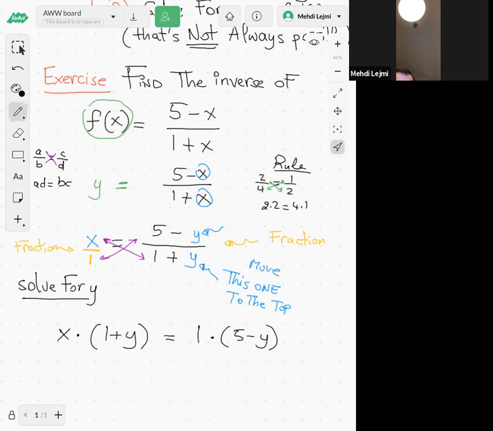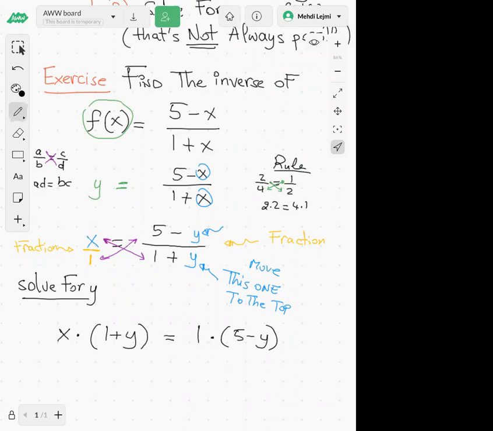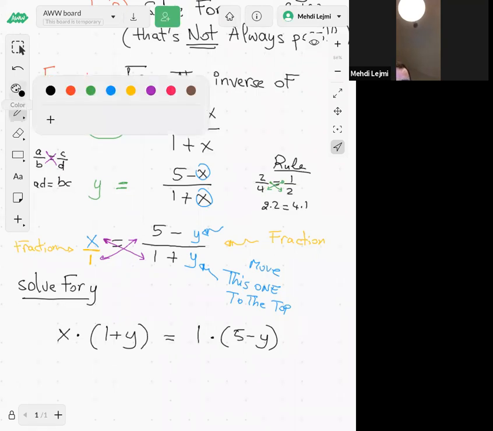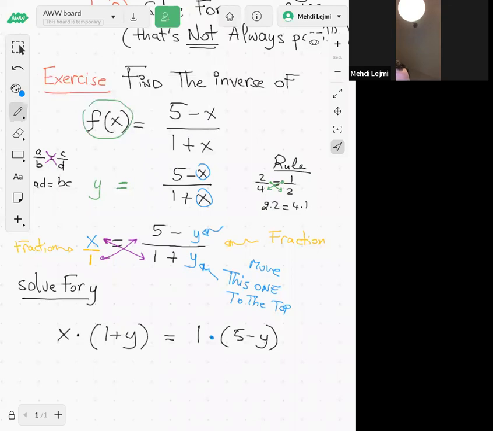Because as I said, I want to move the y in the bottom to the, yes, Elizabeth. For example, you put x parenthesis 1 plus y, and equal, we don't put x, we just put 1 times parenthesis 5 minus y. First, the dot, that's a multiplication, right? Yes, that's multiplication.